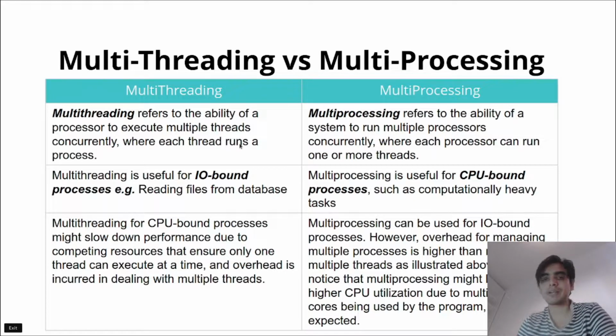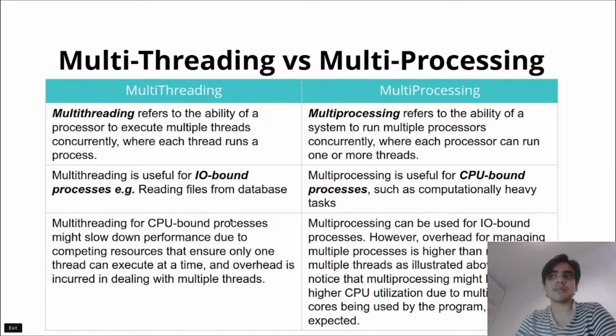Multiprocessing refers to the ability of a system to run multiple processes concurrently, where each process can also run one or more threads. Multithreading is useful for IO bound processes, for example reading files from a database or network, while multiprocessing is used for CPU bound processes, such as computing very complex or heavy tasks.